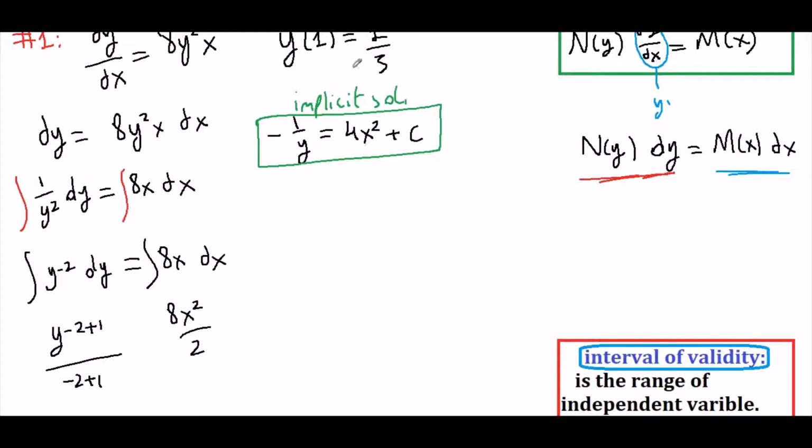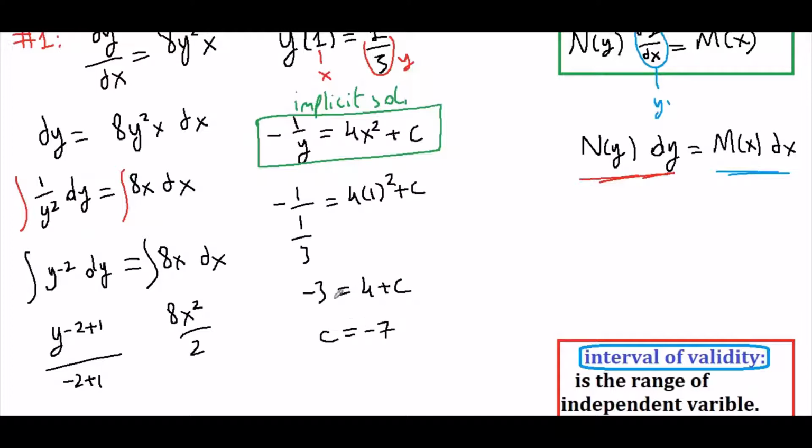Now, given the initial value, we're going to find c. We plug in 1 as our x and 1/3 as our y. So negative 1 over 1/3 equals 4 times 1 squared plus c. This part will be negative 3, and this part will be 4 plus c. Here c will be solved as negative 7 if you subtract 4 on both sides.